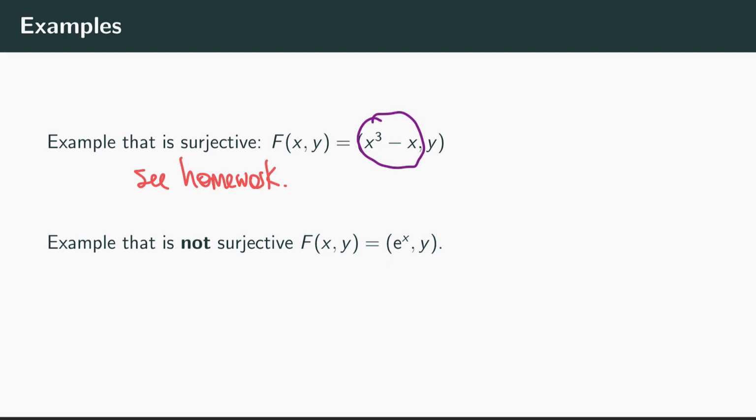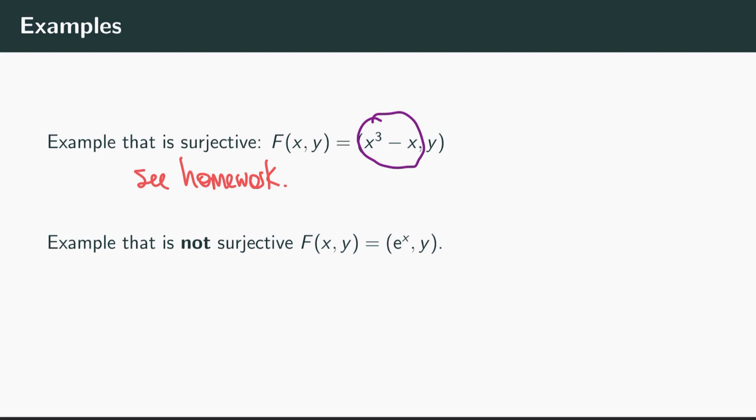And this guy you can show is surjective by using a combination of the intermediate value theorem and the fact that the limit as x goes to infinity of x cubed minus x is plus infinity, and the limit as x goes to negative infinity of x cubed minus x is negative infinity. So using those two ingredients, you'll be able to do the homework problem I've posted.